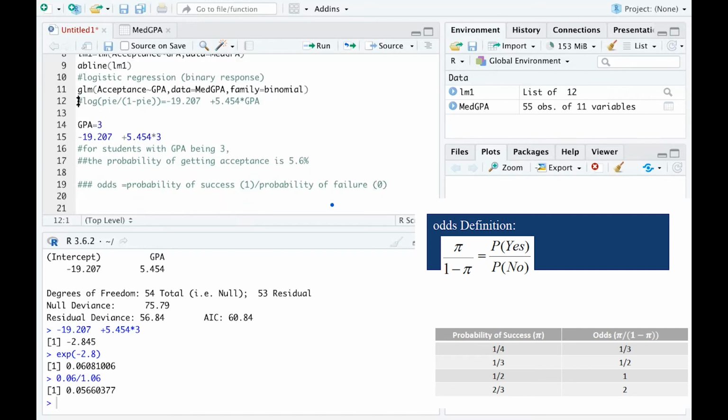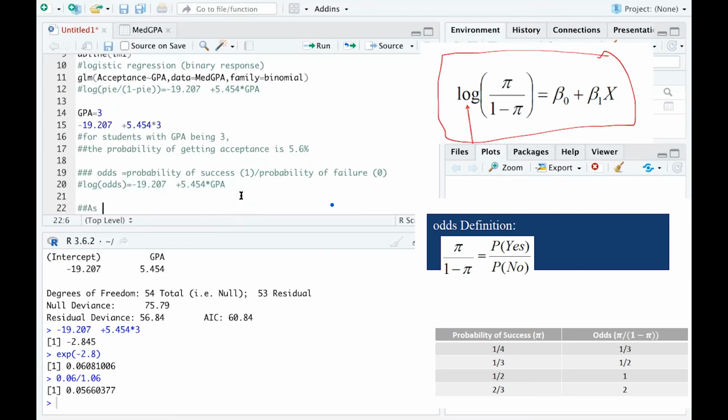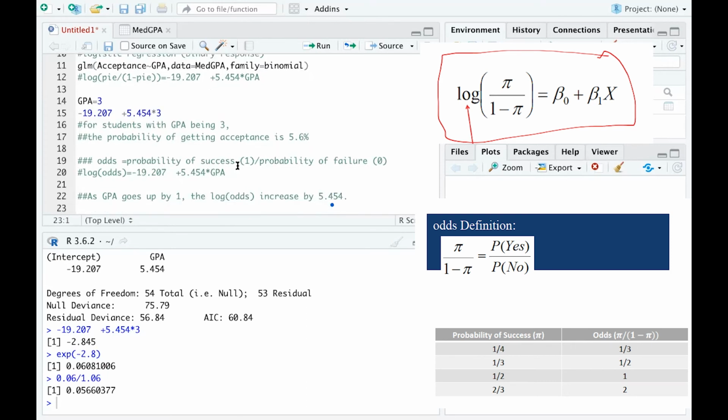So you can think about this formula as log odds equals this. You can interpret the coefficient as: when GPA goes up by 1, the log odds increase by 5.454. So that's what we mean for this coefficient here.